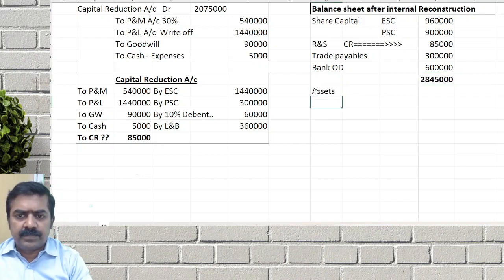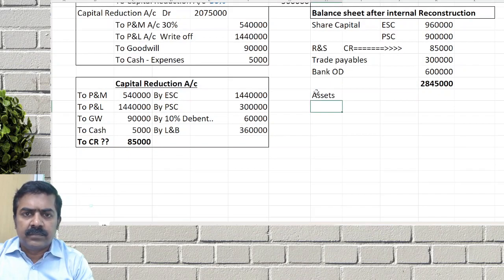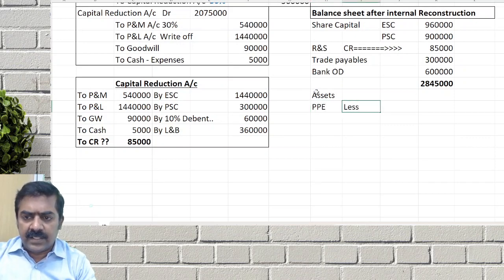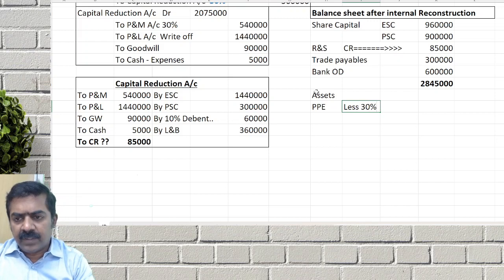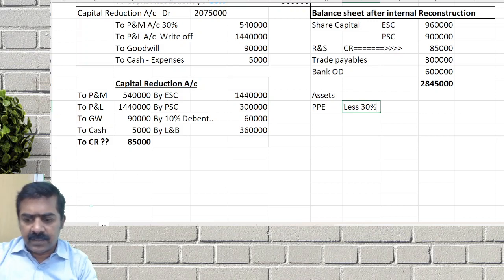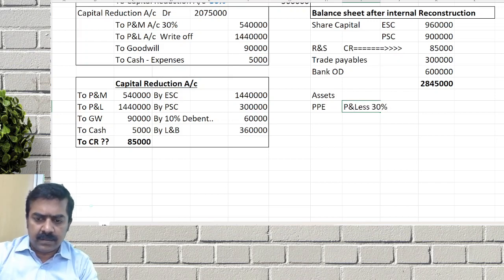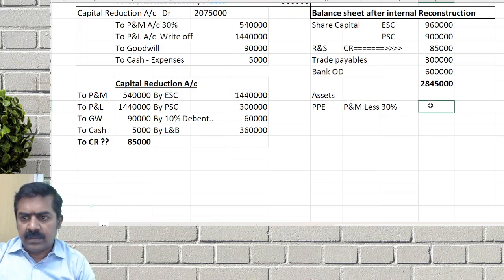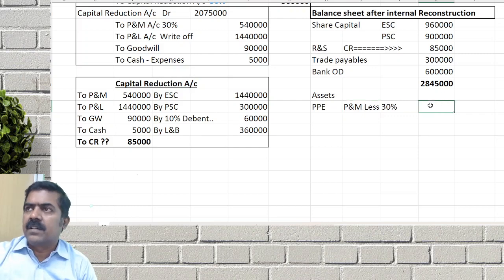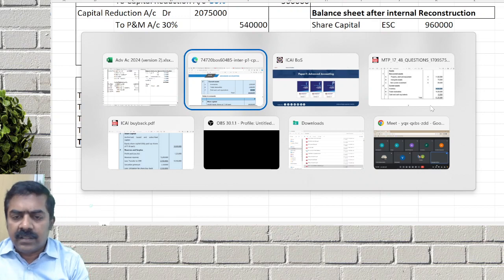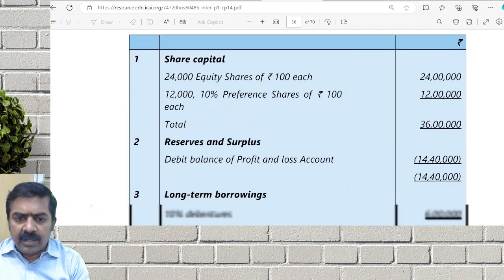What assets will come? Plant, property, equipment and the less 30%. Plant and machinery less 30%. 30 lakhs minus 5 lakhs. Look at plant, property, equipment.